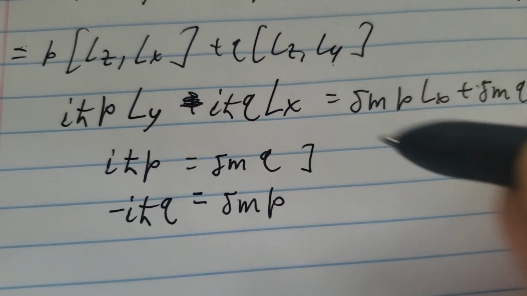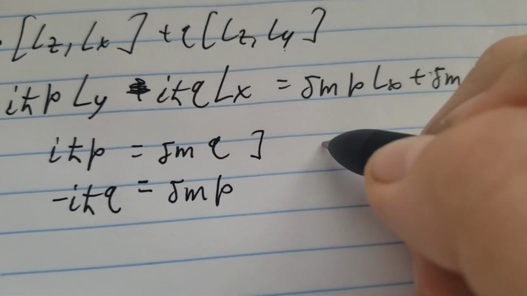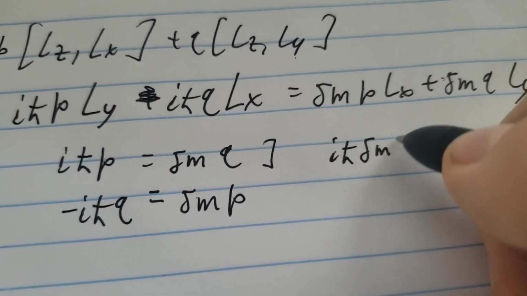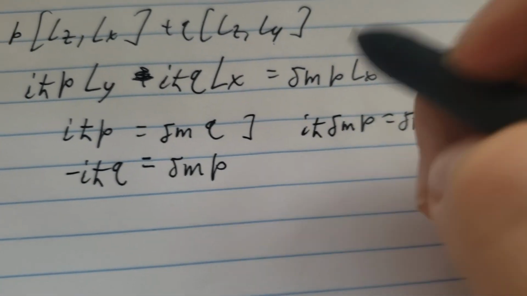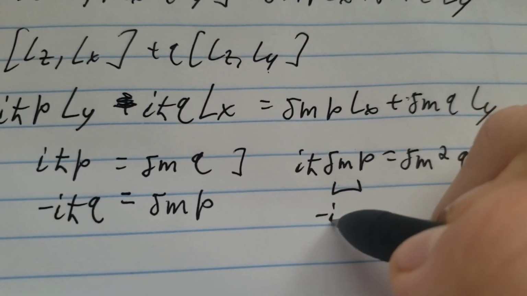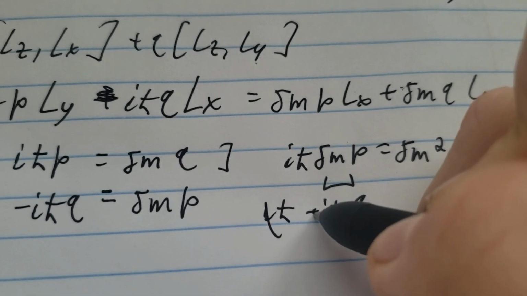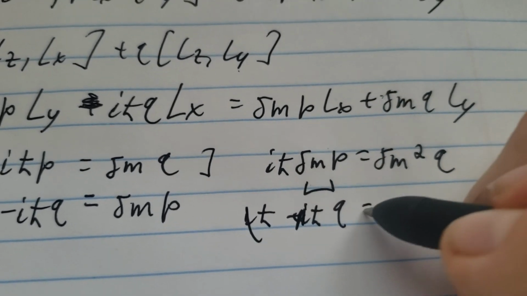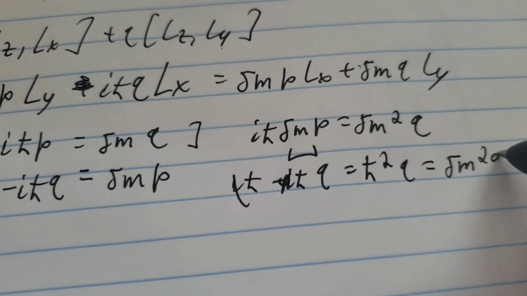So in this equation, we're going to multiply both sides by delta m. i h bar delta m p equals delta m squared times q. With that we know is just negative i h bar q, and then i times negative i is just 1, equals h bar squared q equals delta m squared q.